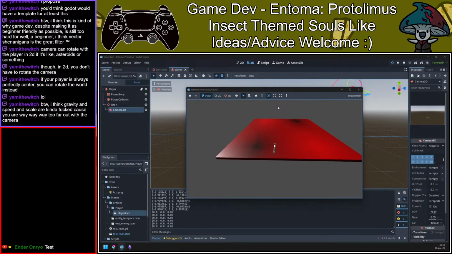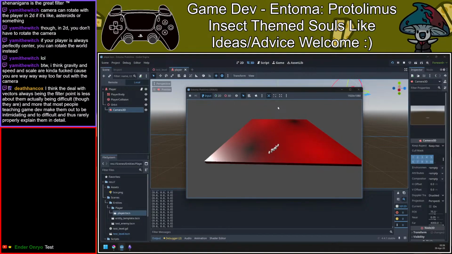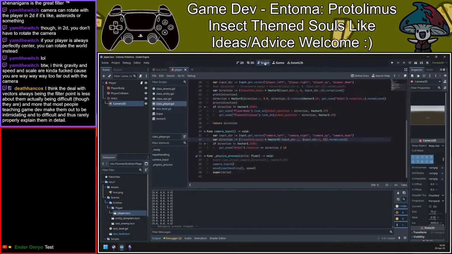Although we are currently snapping to the direction we're looking in a single frame. So maybe we can set player rotation to move towards the new direction over time.